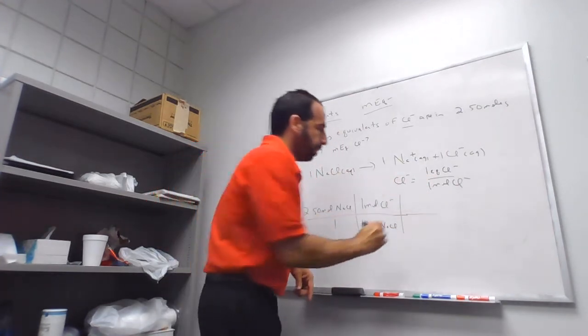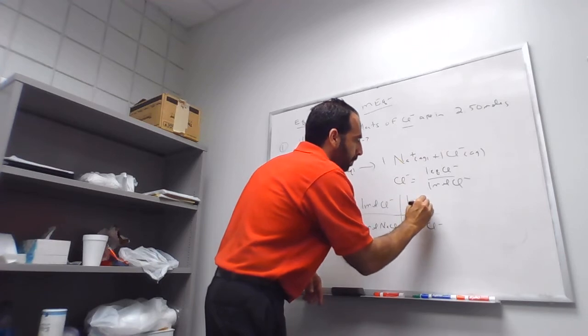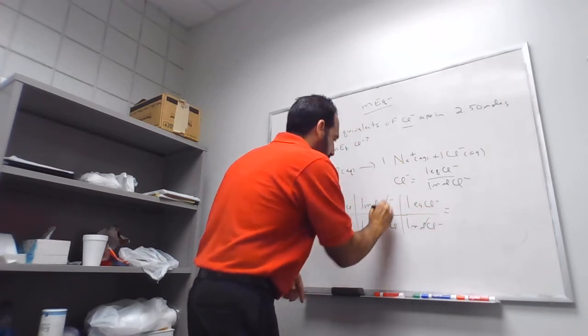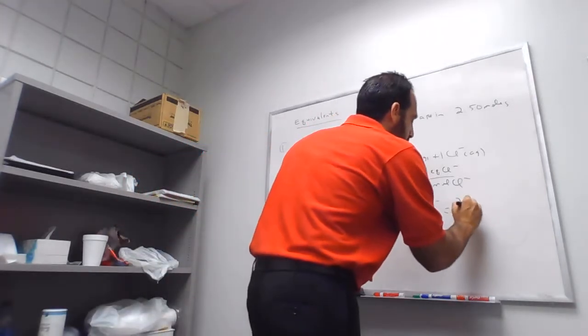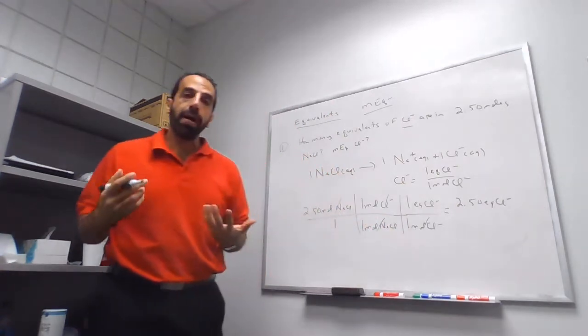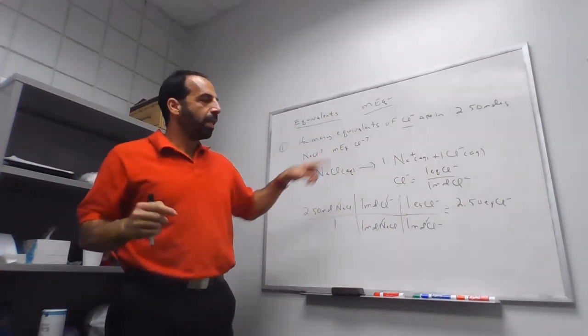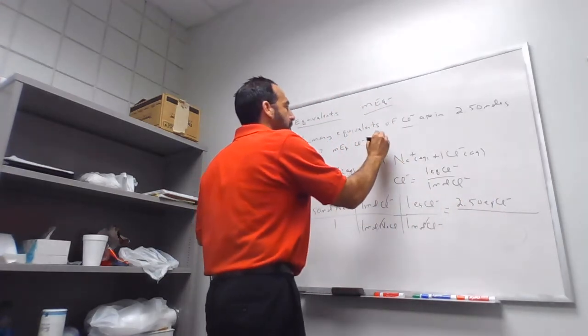I use this, and if I do that, I end up with 2.5 equivalents of chloride ions. That's the first part, and the question also asks for milliequivalents. Well, let's just do it right here.